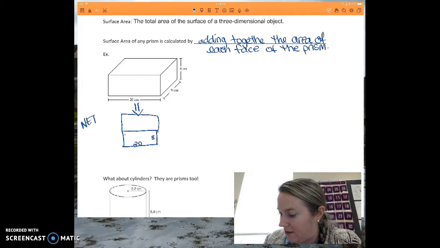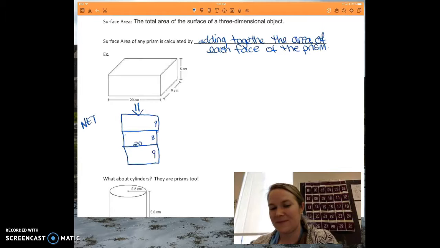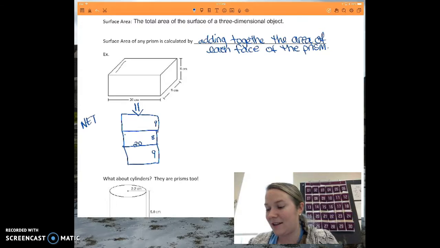And we're going to have a rectangle on either side of it. That on the inside, that's 9 centimeters and 9 centimeters. So you can see those two rectangles I added are this rectangle and the corresponding rectangle underneath.